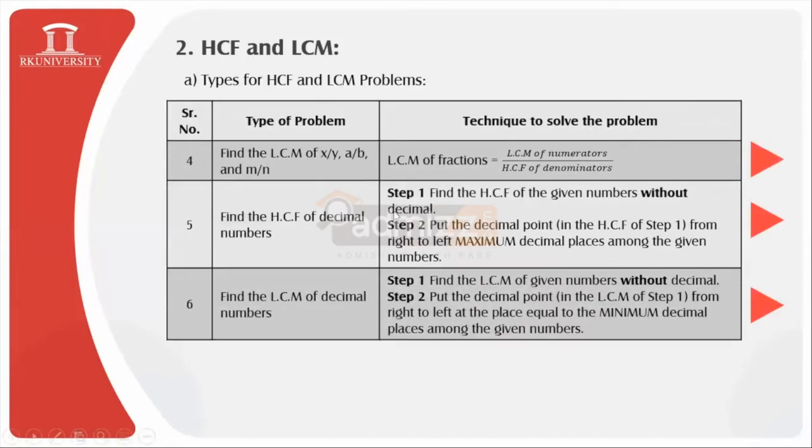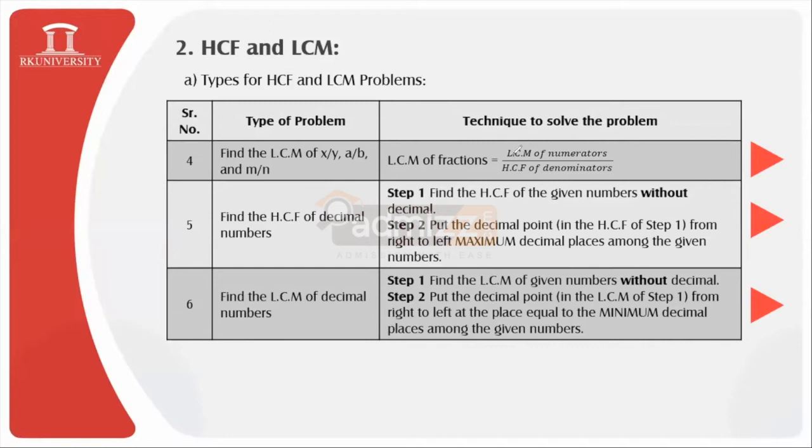Now let's have a look at the other types which are mentioned. In the previous type, students, we found the HCF of fractions. Now in this particular type, we will be finding the LCM of fractions. If you observe the process, we need to find the LCM of numerators upon the HCF of denominators.